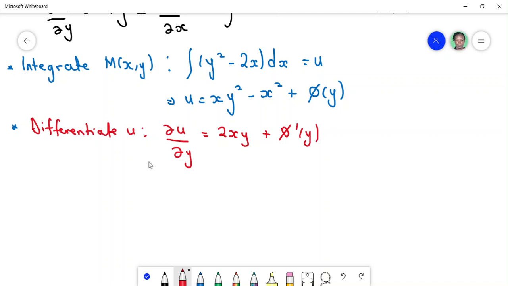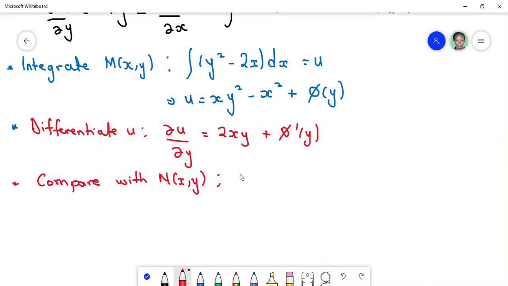Then the next thing is I compare. So you differentiate and compare with N. If it was the other way round, if I did the integration with respect to N(x, y), then after differentiating, I'll compare with M. So what is N?